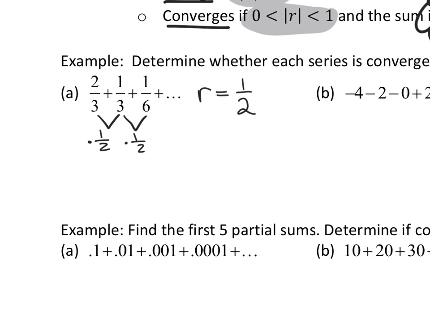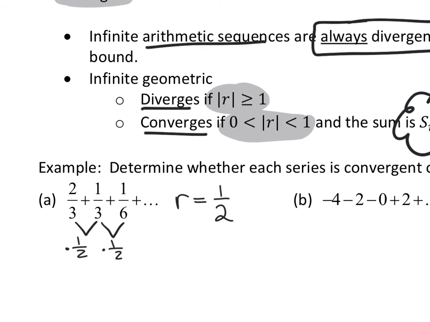Does that mean that this is arithmetic or geometric if I'm multiplying? Geometric is the multiply. Arithmetic is the add, subtract, if you need to write that down.